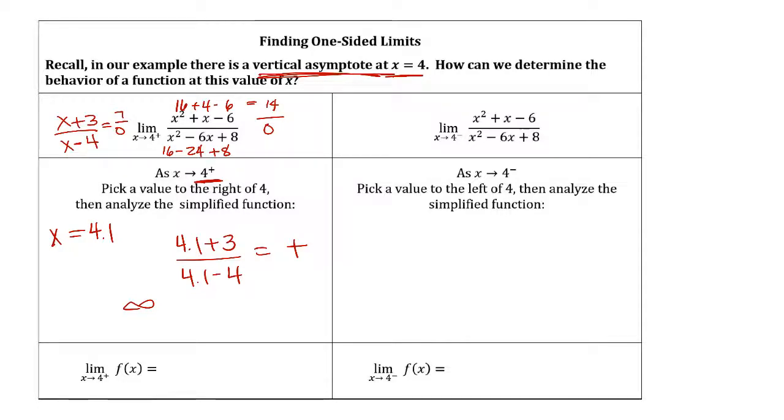And again, we did the same thing from the left side. And from that left side, we said we could pick 3.9 for x. And I'm going to plug it into the simplified version to make it a little bit easier. So I'm going to say 3.9 plus 3 over 3.9 minus 4. And again, notice that this is going to give me a negative value.